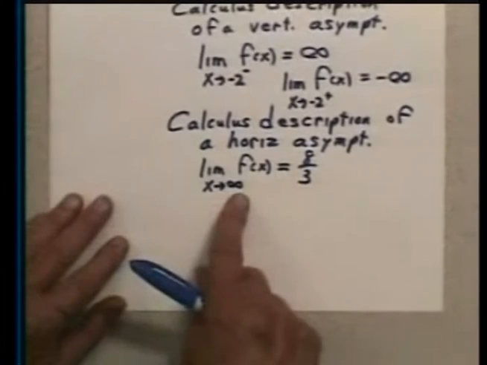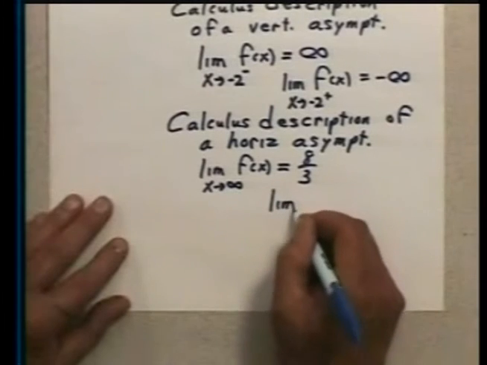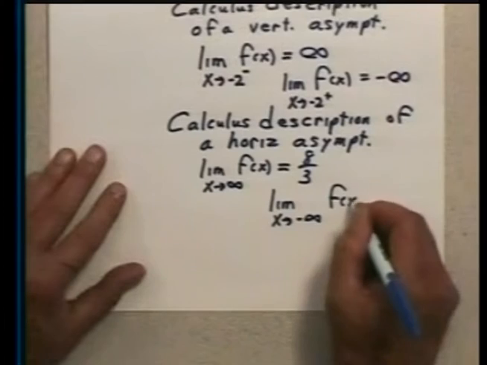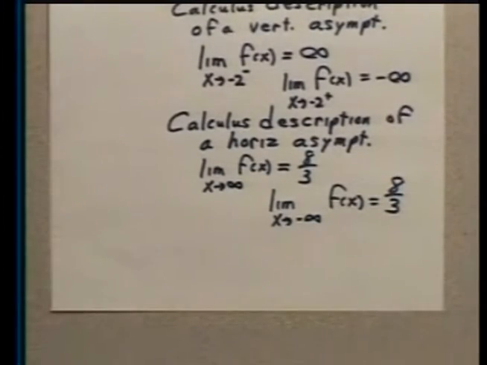As x approaches infinity, the graph squeezes in closer and closer to 8/3, the horizontal asymptote. Now in this particular case, the same would be true here. Okay? Now, does it have to approach it on both ends? No, just one is enough.